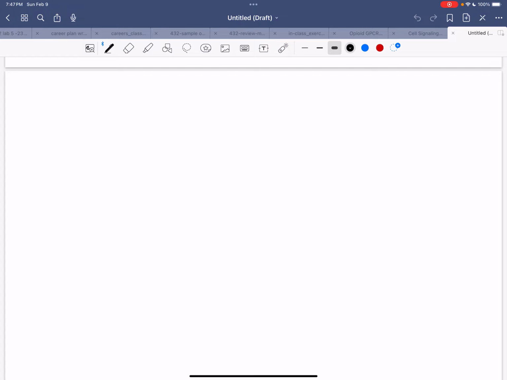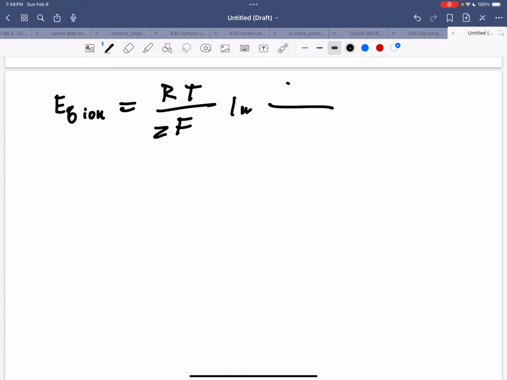The Nernst equation is in the form of the equilibrium potential for some ion equals RT over ZF times the natural log of concentration outside of the cell over the concentration inside.